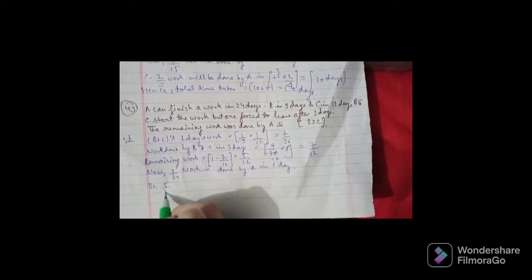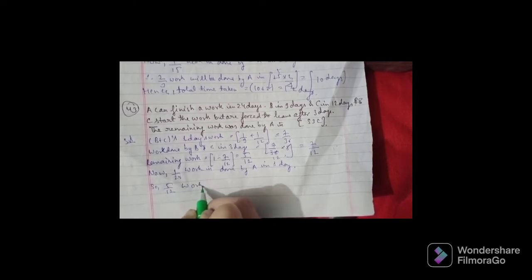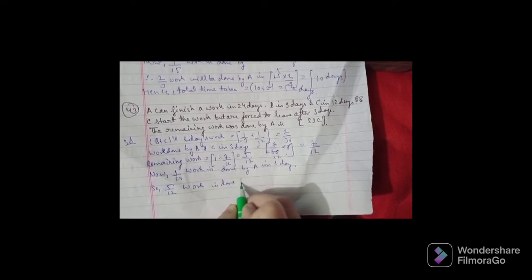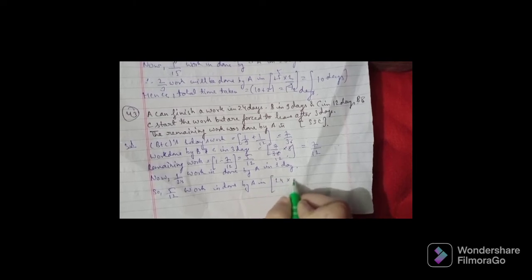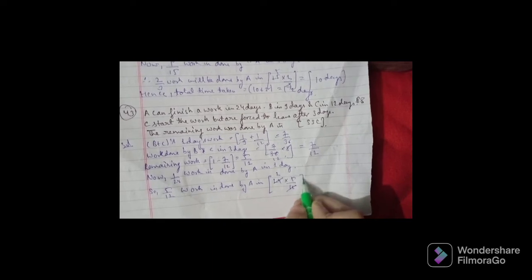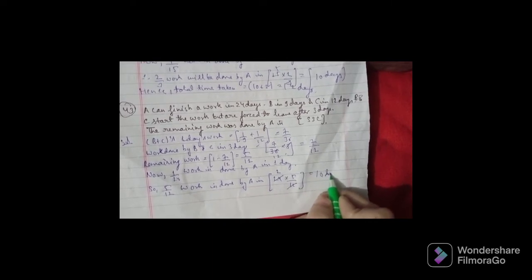So 5 by 12 work is done by A in 24 into 5 by 12. 12 1s are 12, 12 2s are 24, 2 5s are 10, 10 days.